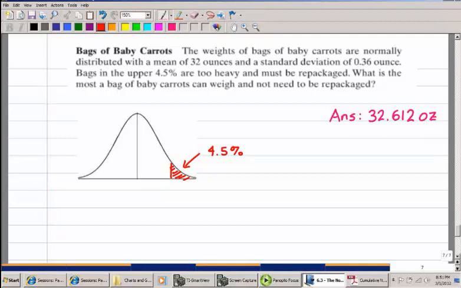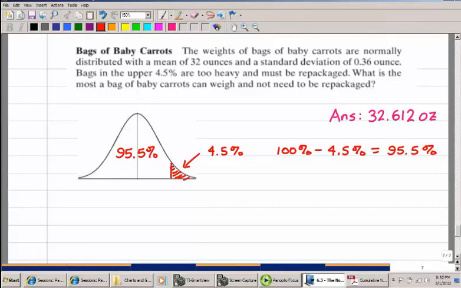So similar to before, we're looking for the bottom of the top 4.5% again. So essentially then we want to know what's the percent to the left. Well, 100% basically minus 4.5% equals 95.5%. So as a percentage, it's 95.5.